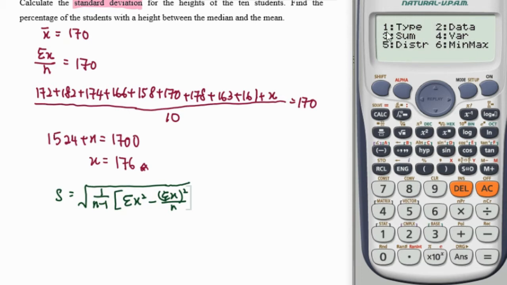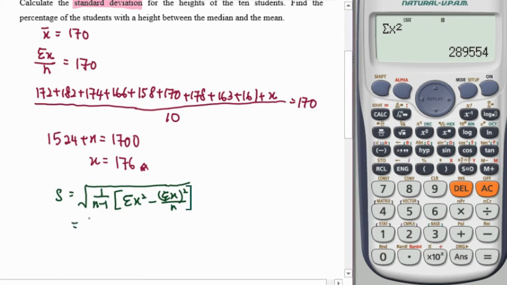So what we want is sum. So number 3. I need sum x square, which is number 1, equals to 289,554. So for this standard deviation, the number of data minus 1 will become 9. And then sum of the data square will be equals to 289,554 minus.